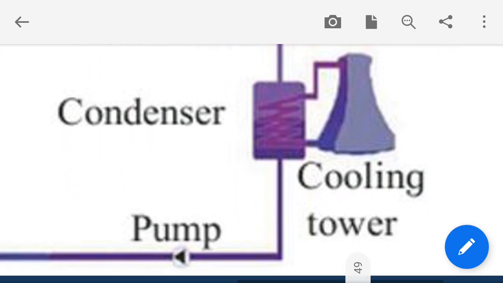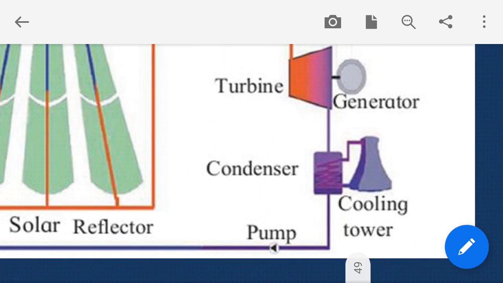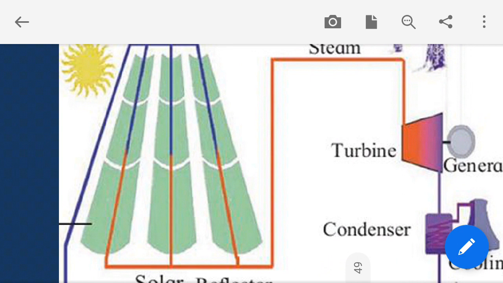At the outlet of the generator we have steam at low pressure, low temperature. This steam is passed to the condenser, and in the condenser, by using the cooling tower, we condense this steam into water, and again this water is circulated to the solar reflector through the pump. So this is the simple working.